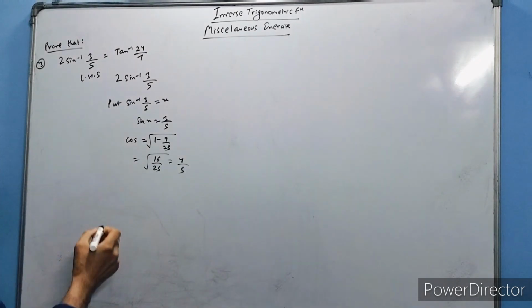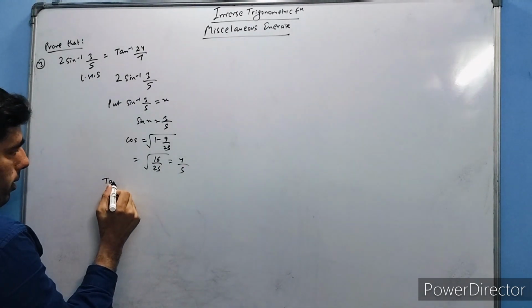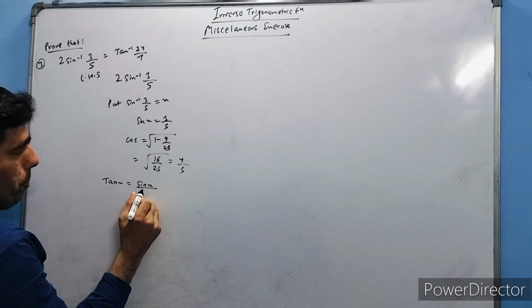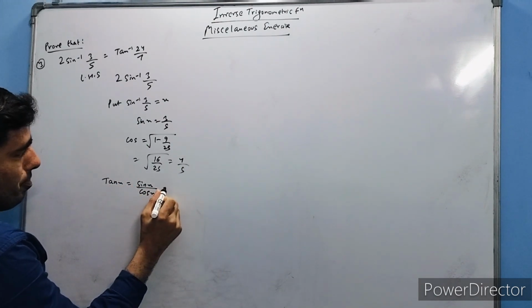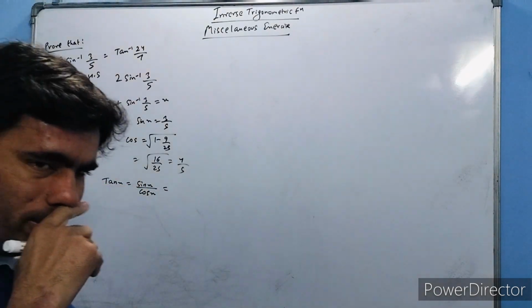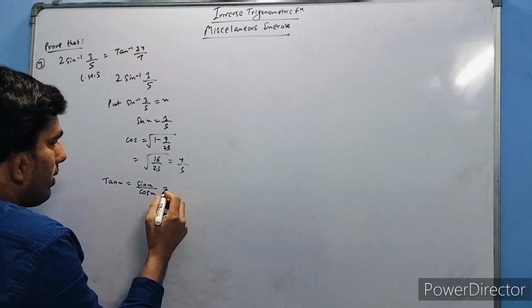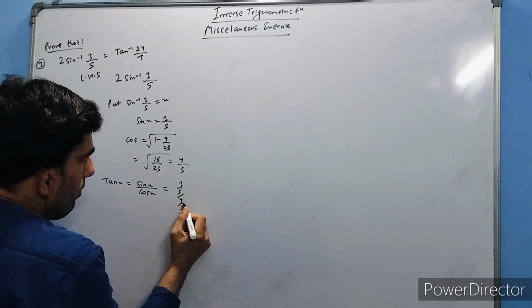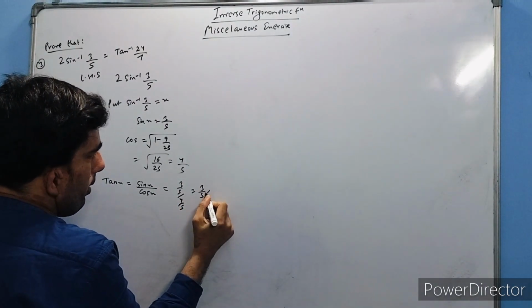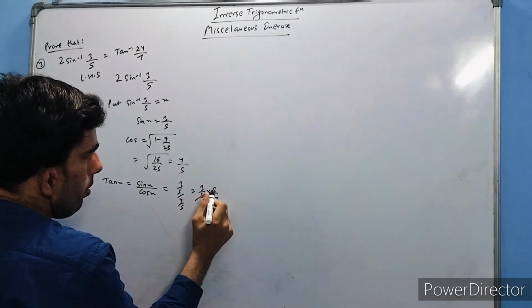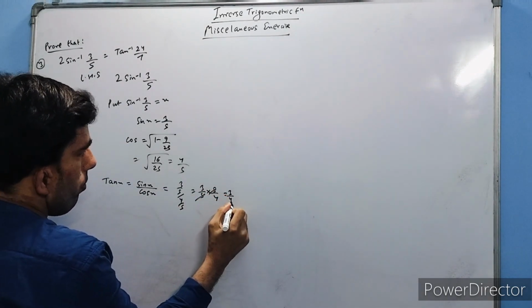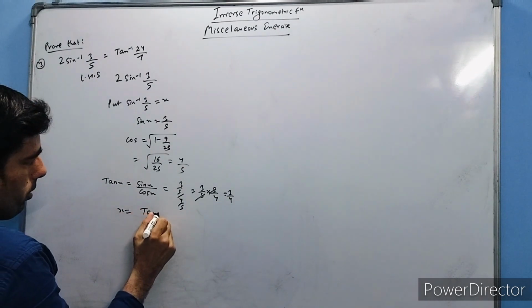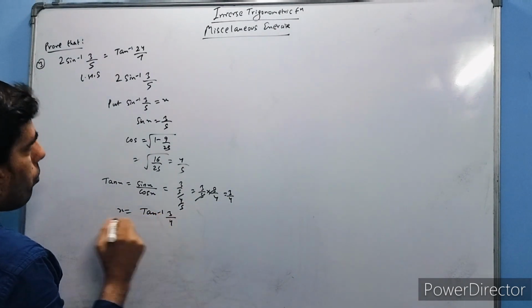Now we know tan x will be sin x upon cos x, so 3 upon 5 into 5 upon 4. We get 3 upon 4. So x is equal to tan inverse 3 upon 4.